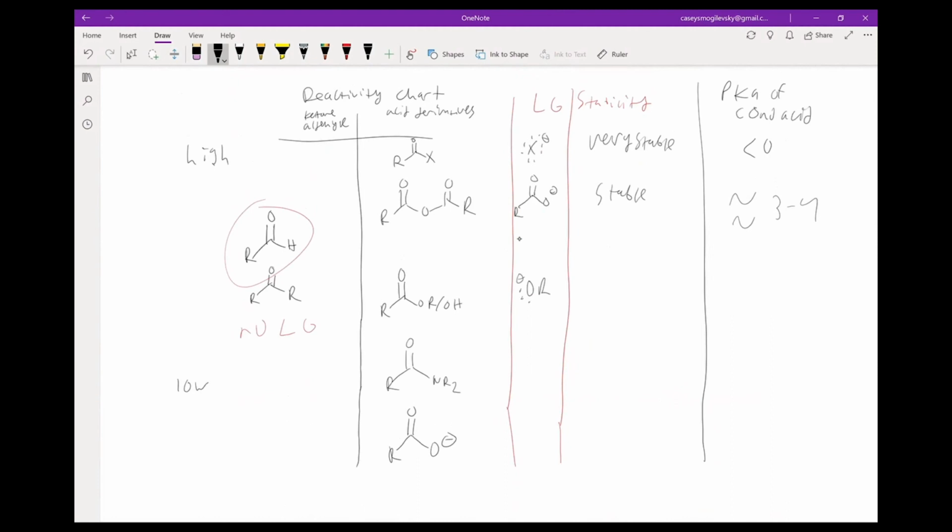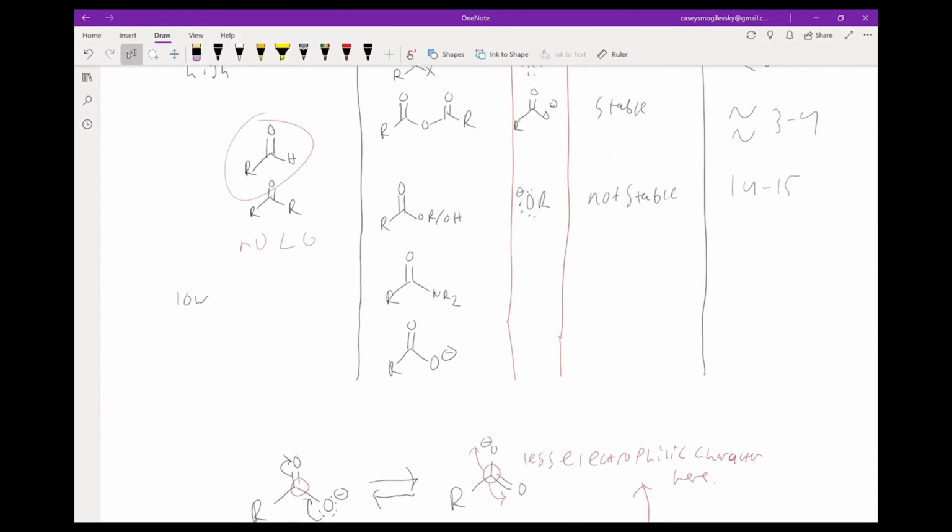And all of these deprotonated alcohols, or deprotonated water, for example, would have a pKa of the conjugate acid, being the methanol or water, around 14 to 15.